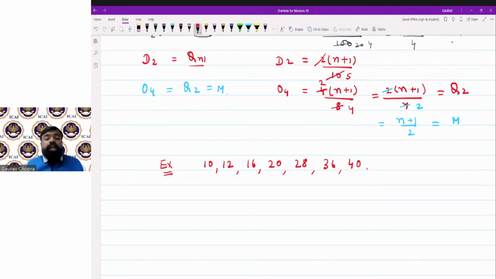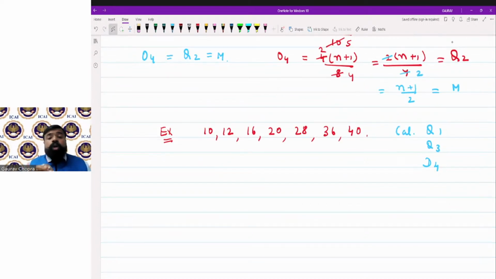This data is given, and now we have to calculate Q1, Q3, and one more thing, D4. These three things are required.